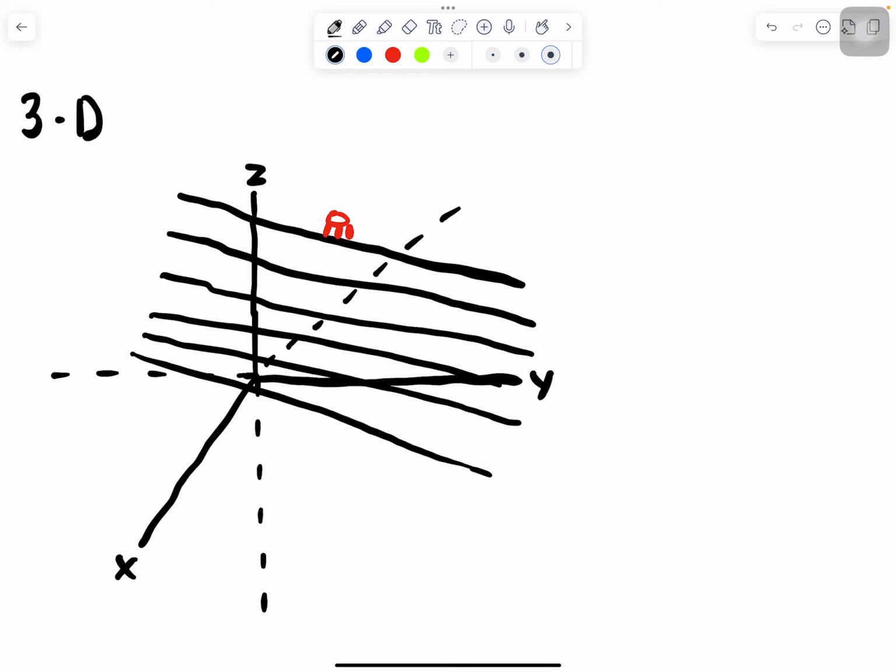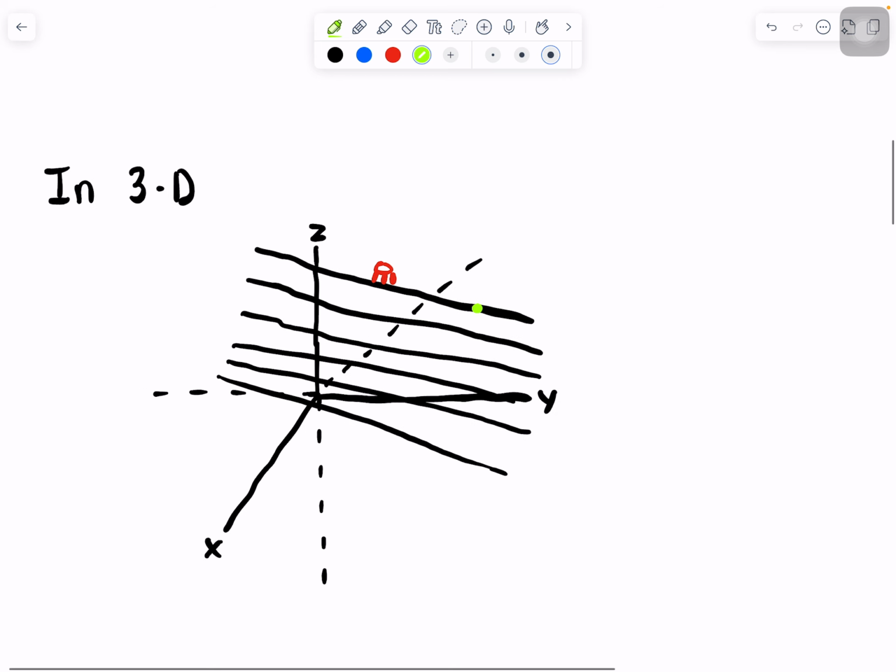So how can we all talk about the same line? Well, again, if we just choose a single point for one of these directions to cross, now we have effectively pinned down one line in 3 dimensions. Again, so from an infinite number of lines, we were able to pin down one unique one by choosing one direction and a single point.